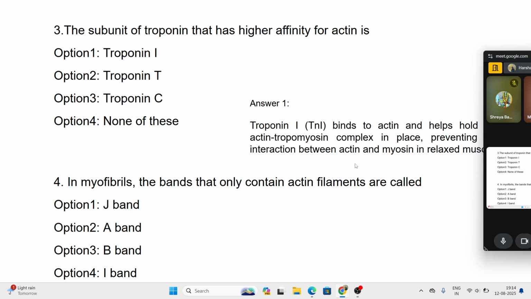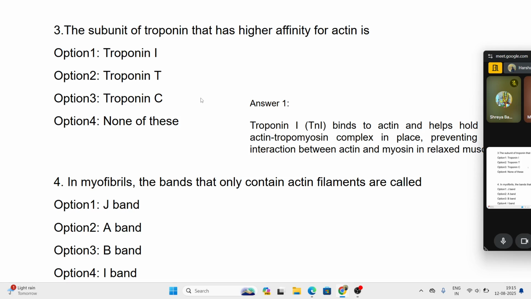So remember, troponin I binds to actin, troponin T binds to tropomyosin, troponin C binds to calcium. Okay, remember these three.